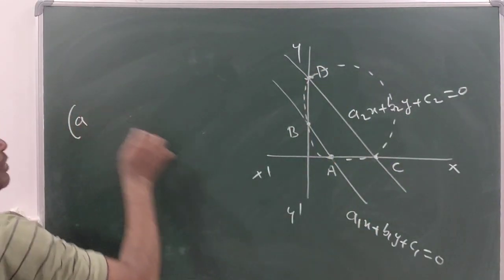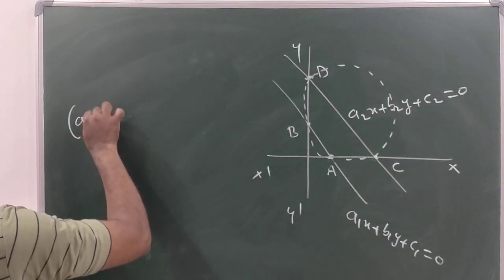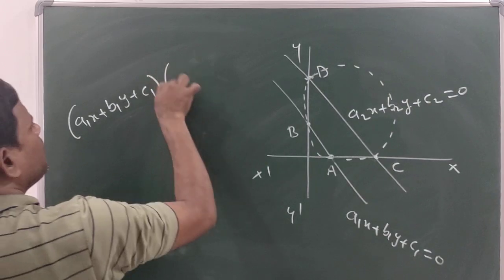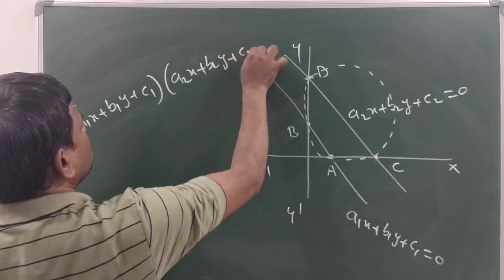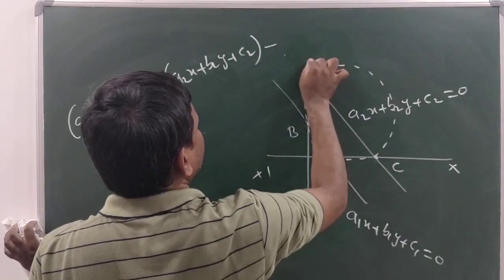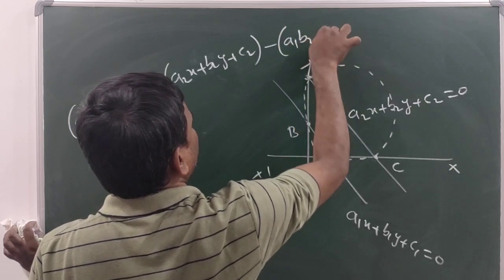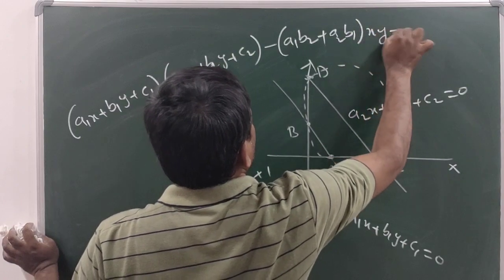See here, just take the product of these two line equations, (a1x plus b1y plus c1) into (a2x plus b2y plus c2), minus (a1 b2 plus a2 b1) xy, which is equal to 0.